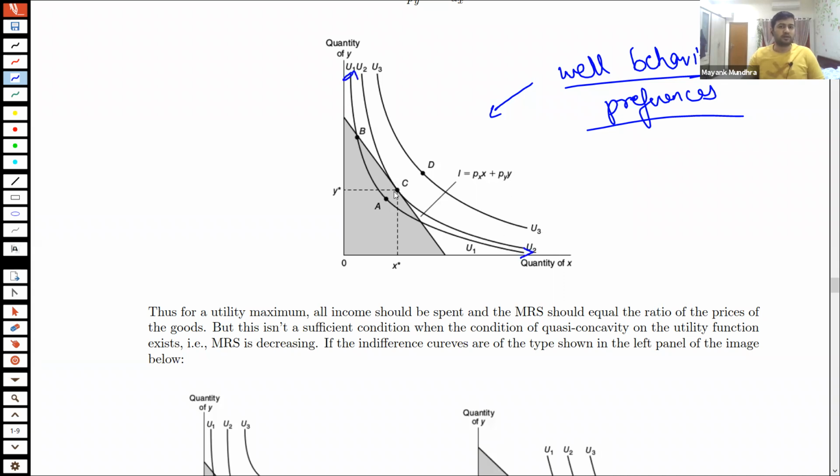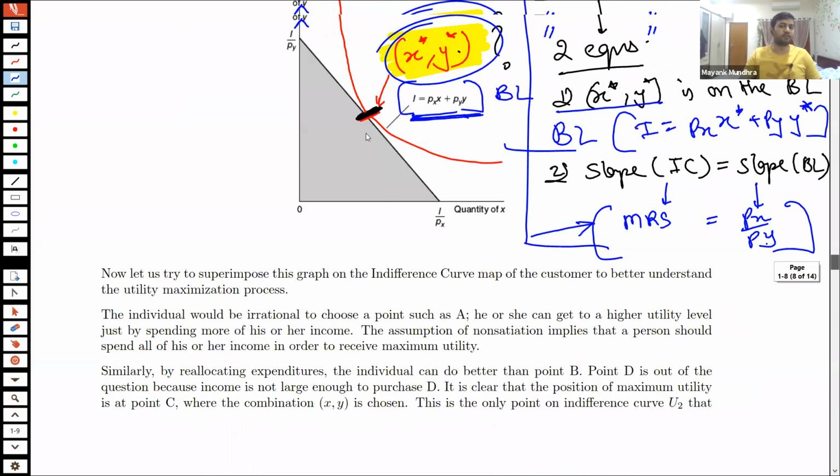So these are certain properties about well-behaved preferences. Now we don't have to learn all these properties, but when the preferences are well-behaving, you have a situation of a unique optima.